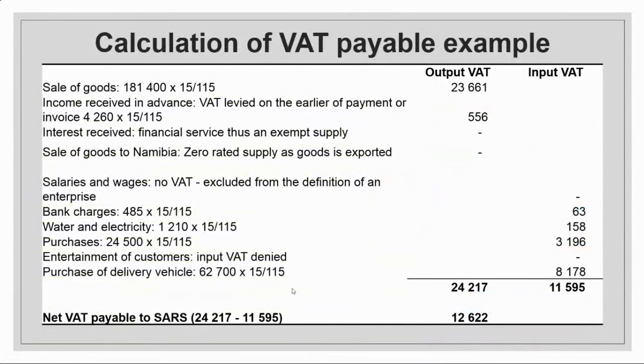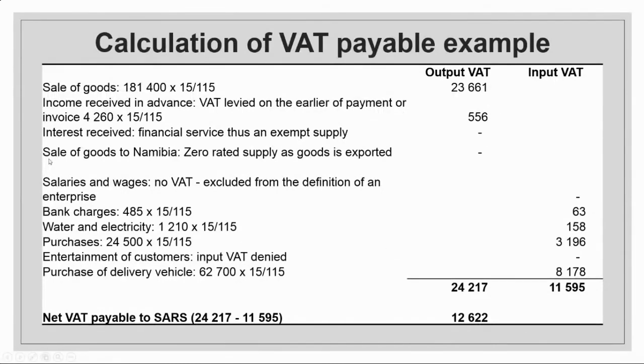Now you can do this in two ways. The way they suggest is to do two columns so that you distinguish between the output and input VAT. But you can also do it in one column, but then clearly show the total output VAT.